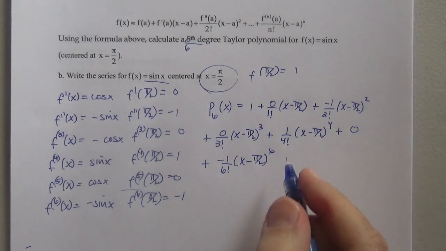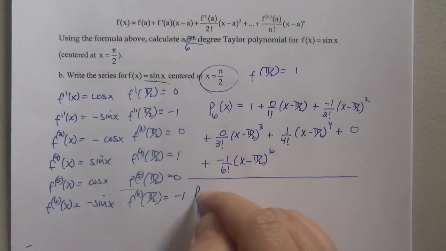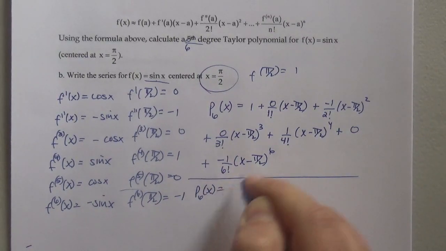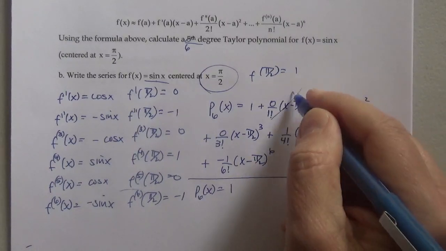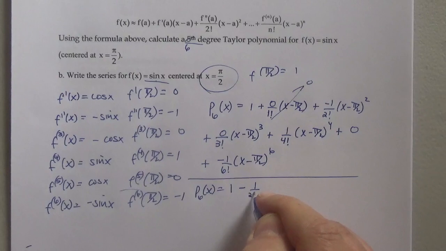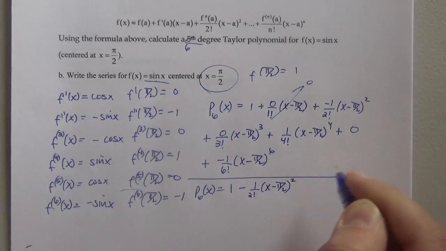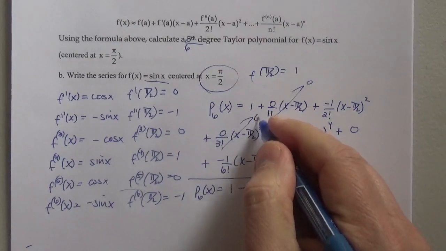So I'm just going to make this look a little bit nicer. So I have p of 6 of x is just going to be 1. This term goes to 0. This is just minus 1 over 2 factorial times x minus pi over 2 to the 2nd power. This one goes to 0.